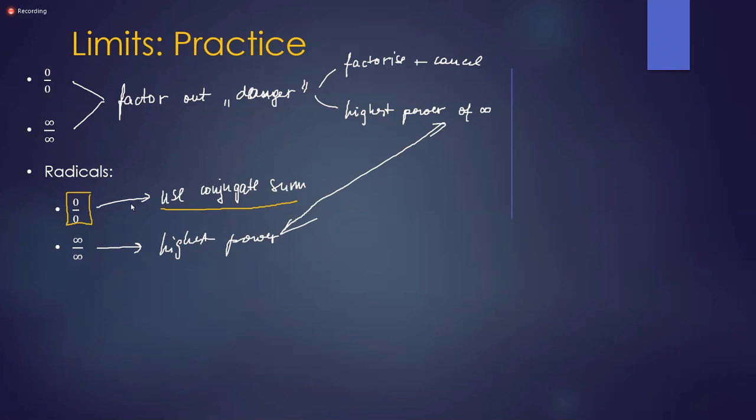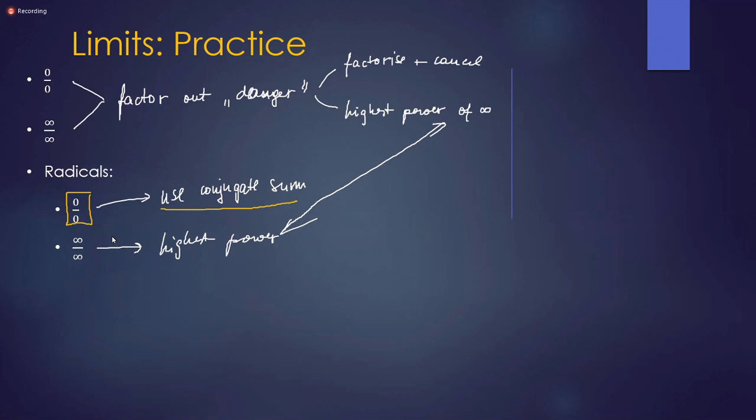If you try to use the conjugate sum for this, it's mostly useless, because in the end you will still need to divide out the highest power of infinity. So in this case, don't use the conjugate sum. The conjugate sum is very good for 0 over 0, but not for infinity over infinity.